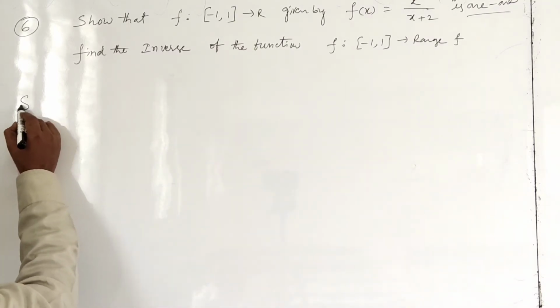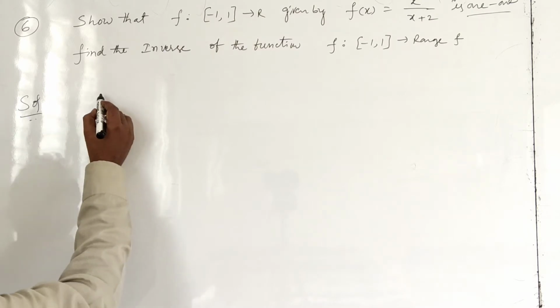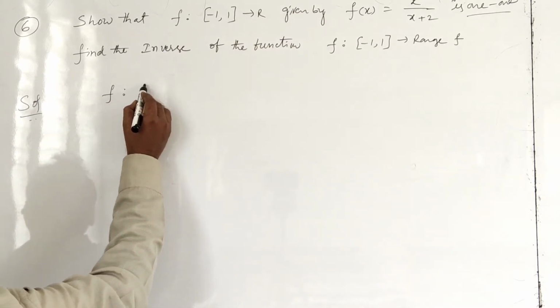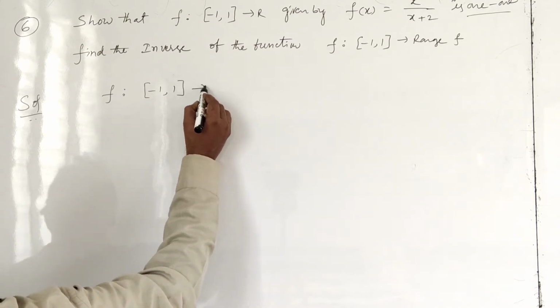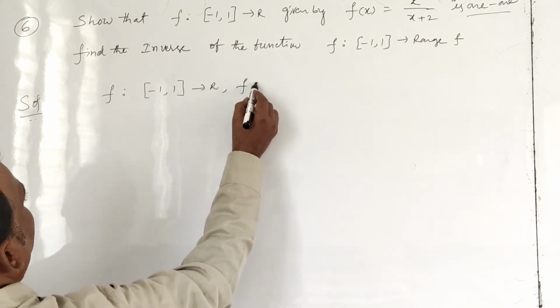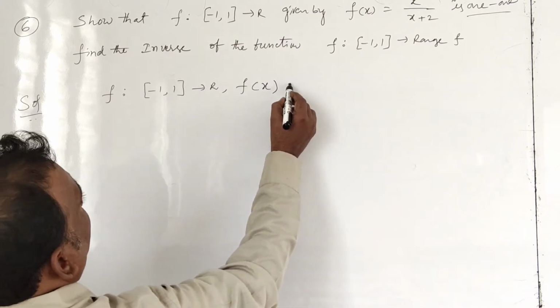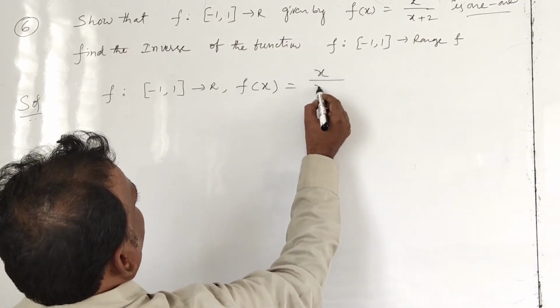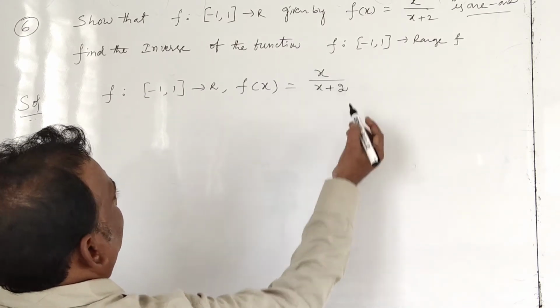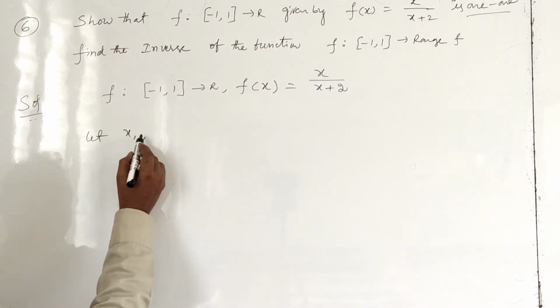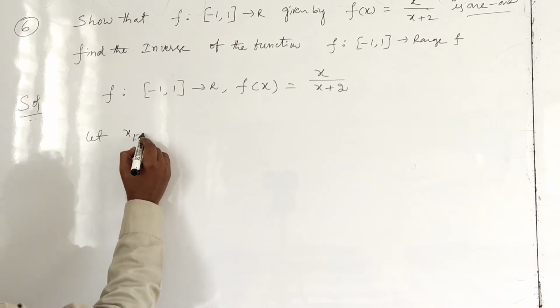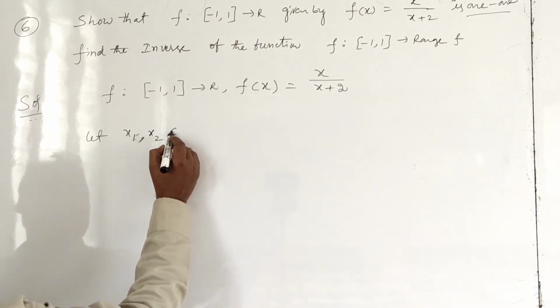See, students. So f is mapping closed bracket -1 to 1 to R, and f of x is given as x upon x plus 2. Let x1 and x2 be 2 different elements belonging to the domain.